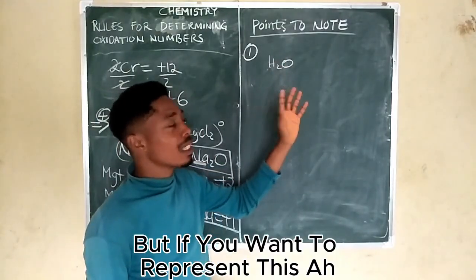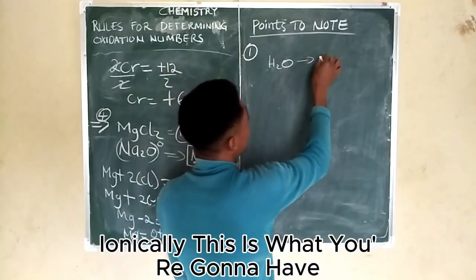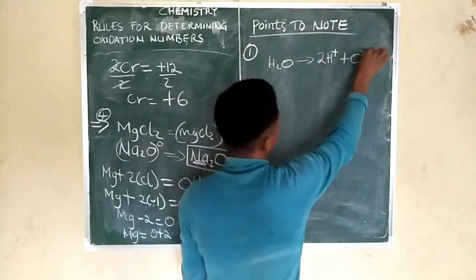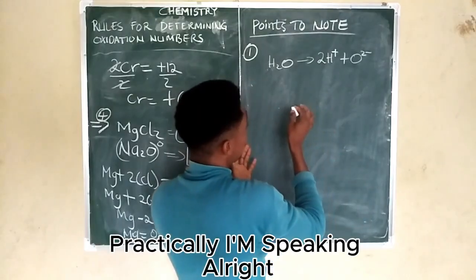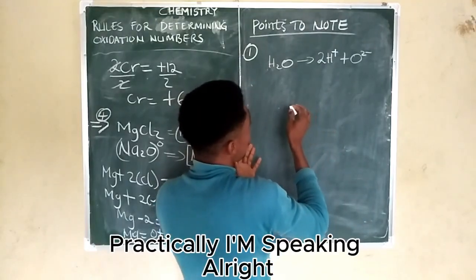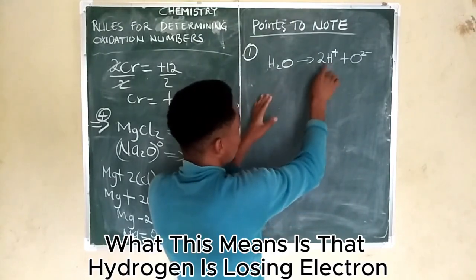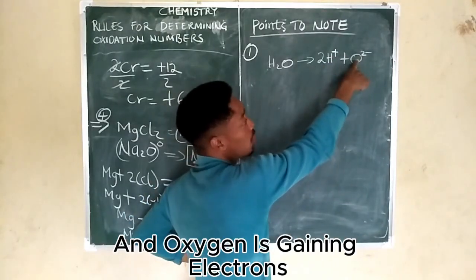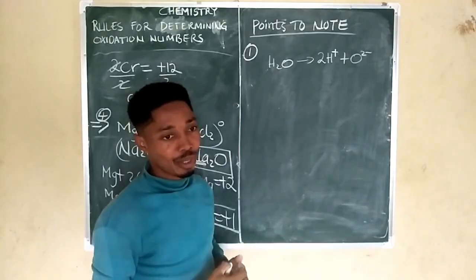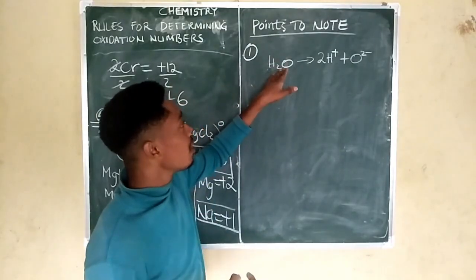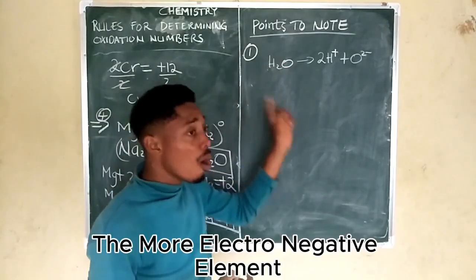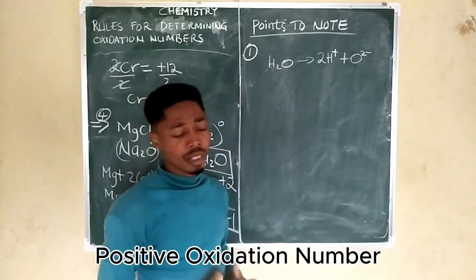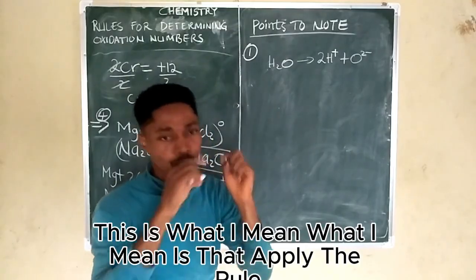But if you want to represent this ionically, this is what you're going to have. What this means is that hydrogen is losing electron and oxygen is gaining electrons. So even though this is a covalent compound, the more electronegative element would have a negative oxidation number and the more electropositive element will have a positive oxidation number.